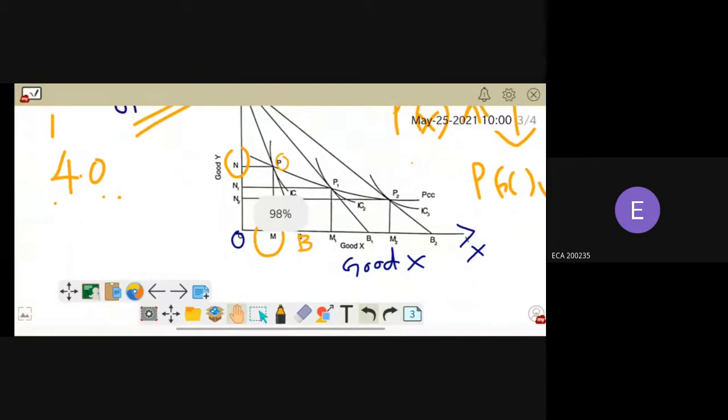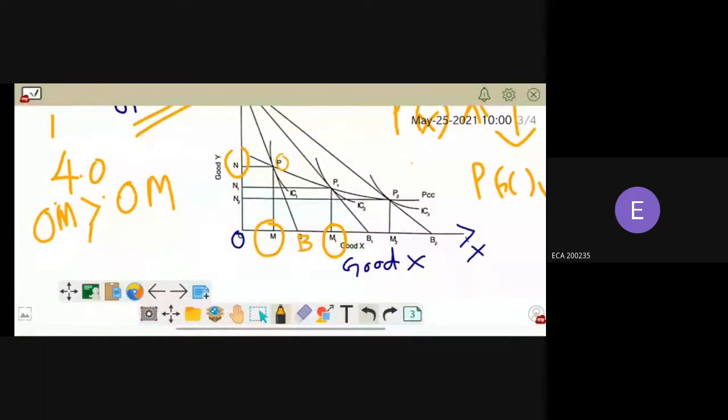See, before, the consumer was buying OM. After the fall in the price of X, the budget line shifts to AB1. And in the new equilibrium point, the consumer is buying OM1, which is greater than OM, the previous quantity he purchased.